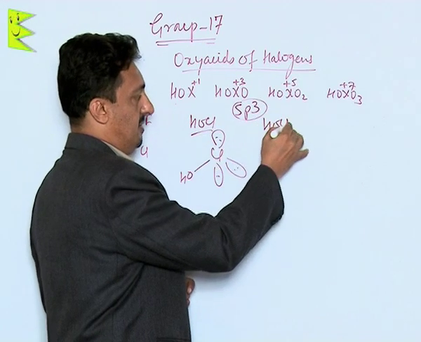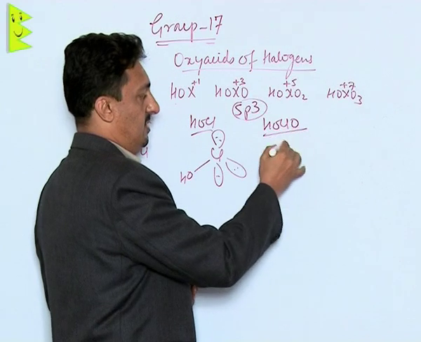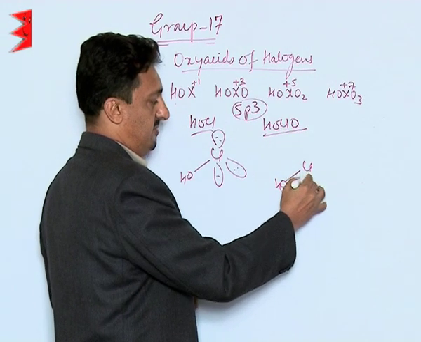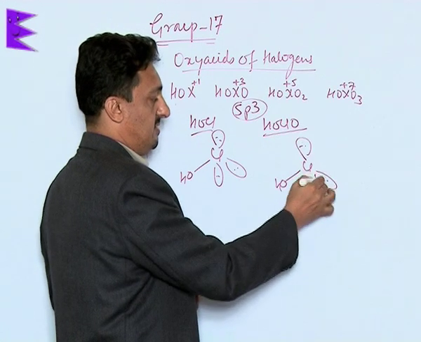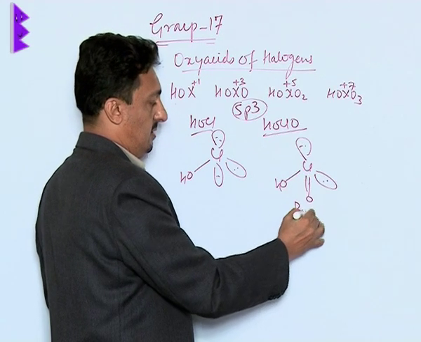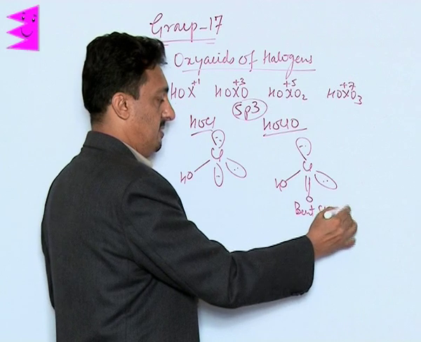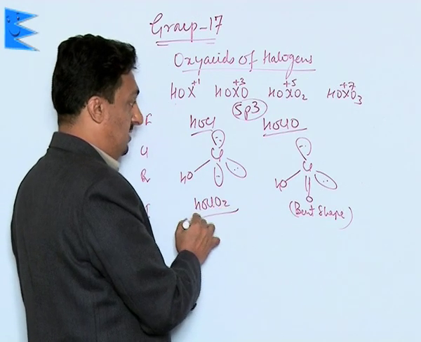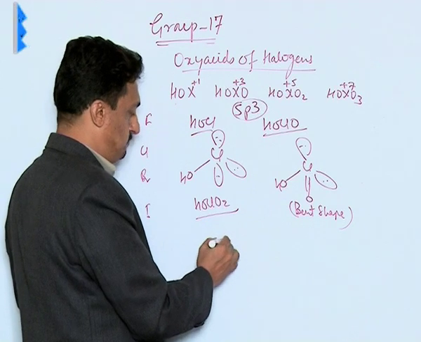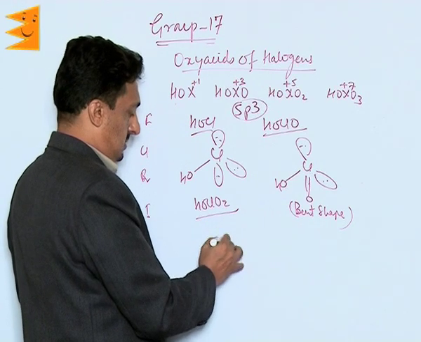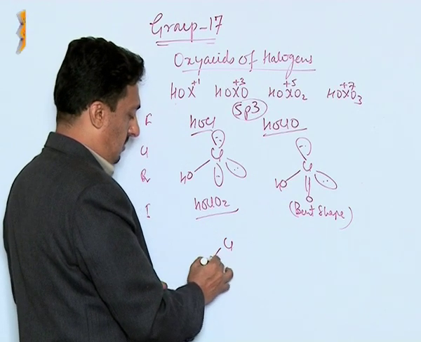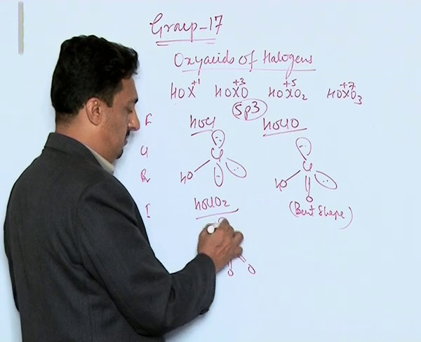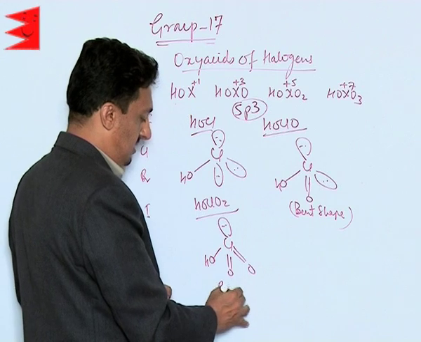But when we are talking about HOClO, it is basically having what? 1 OH group, 1 double bonded oxygen and 2 lone pairs, so it's called bent shape. When we are talking about HOClO2, remember it's like Cl with 1 OH and 2 double bonded oxygens like this and one lone pair, so it's pyramidal.